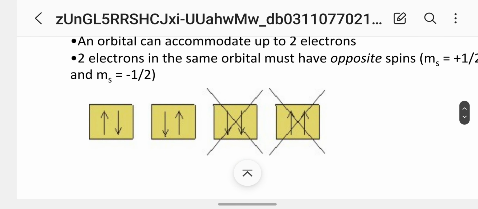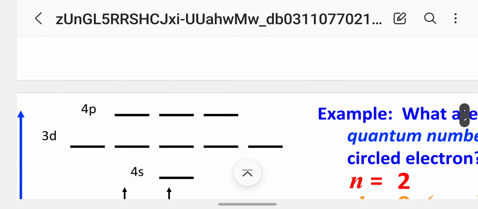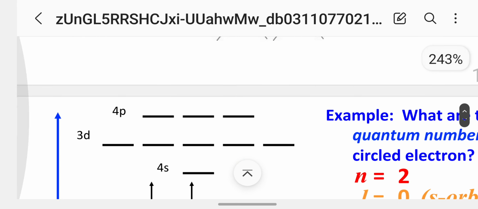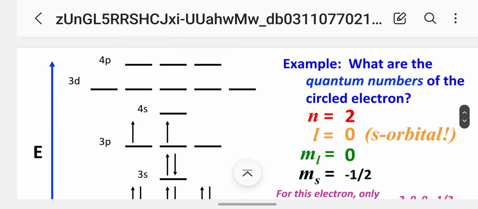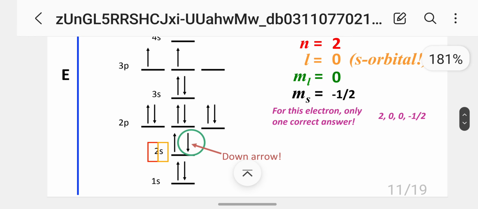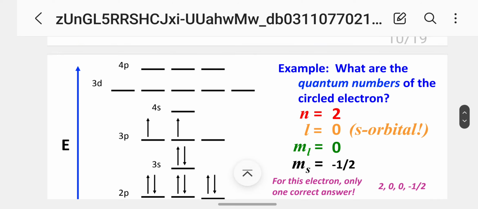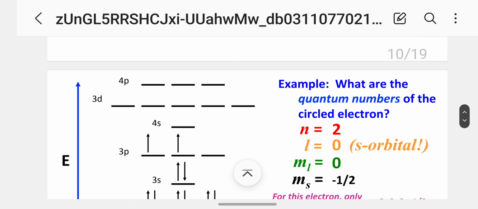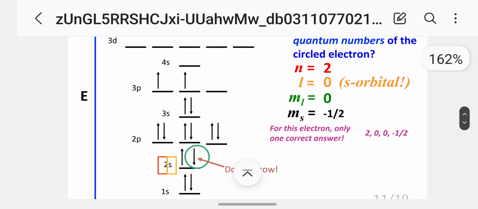Alright, so that's the definition of spin quantum number and its conclusion. Examples include: what are the quantum numbers of the circled electron? You can see in here that the circled electron is being mentioned. We have just one central electron. They ask us about the quantum numbers of the circled electron.